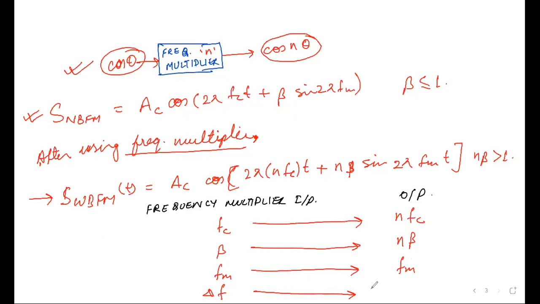This frequency deviation will also be increased, because delta F is beta times FM. So if beta is increasing by n, then delta F will also increase by n. This is the very basic way in which the indirect method works.